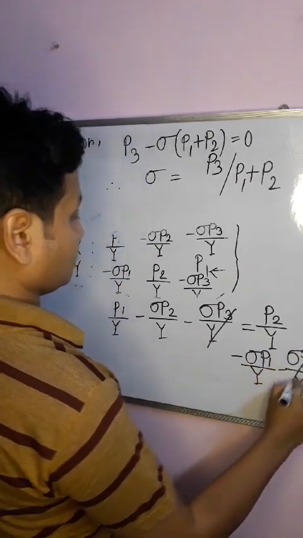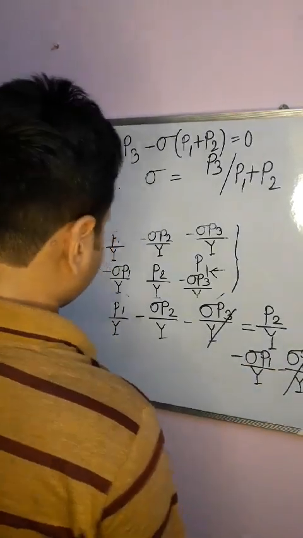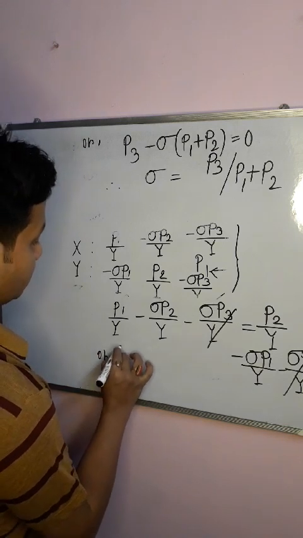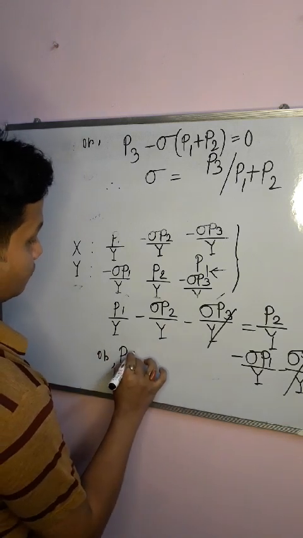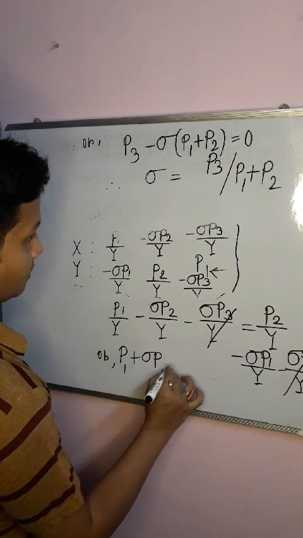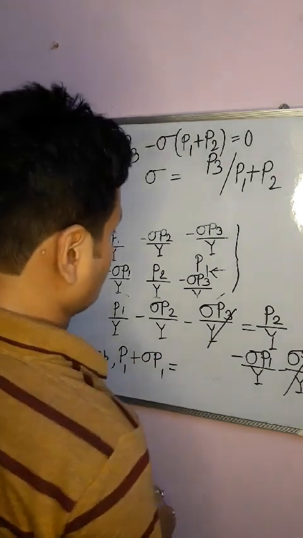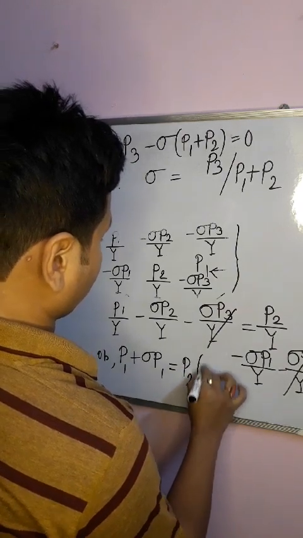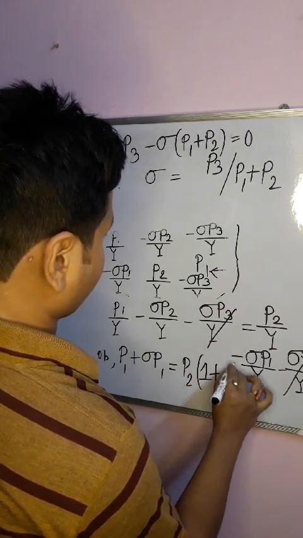So this cancels. If we take y common, it cancels, so P1 plus sigma P1 equals, if we take P2, 1 plus sigma.